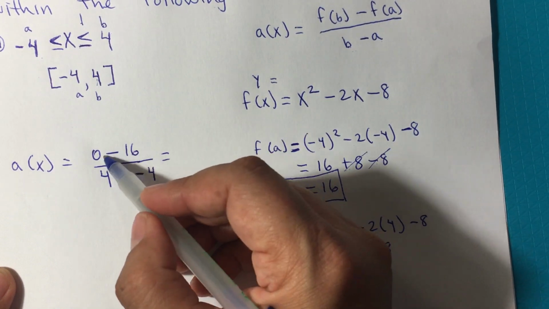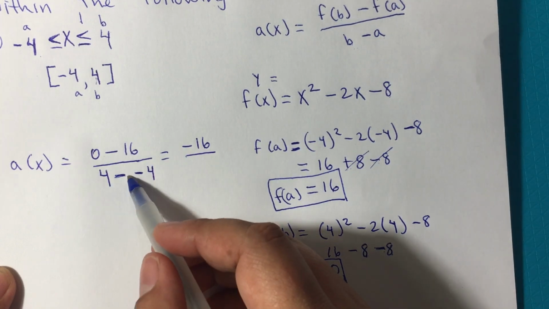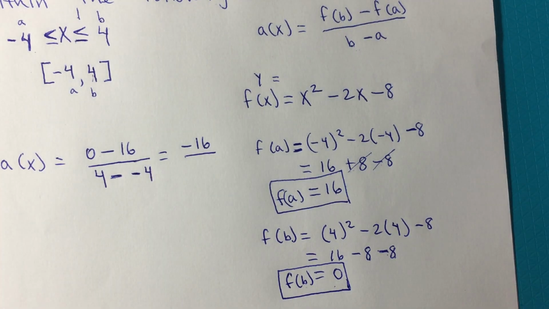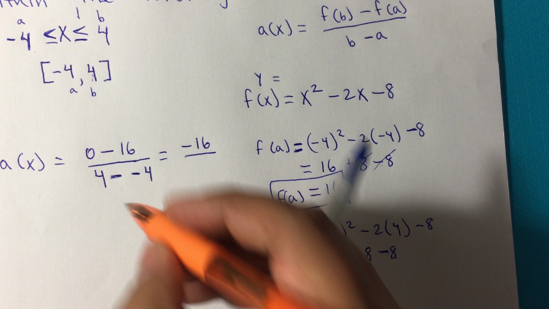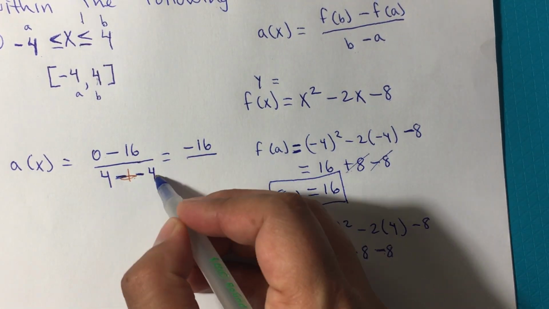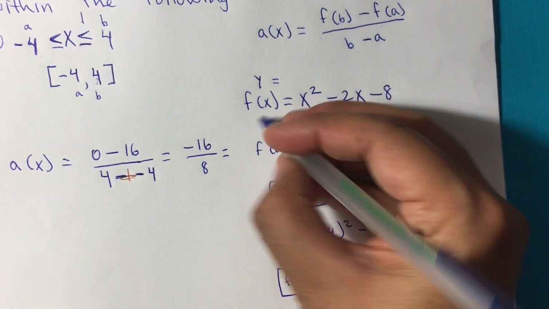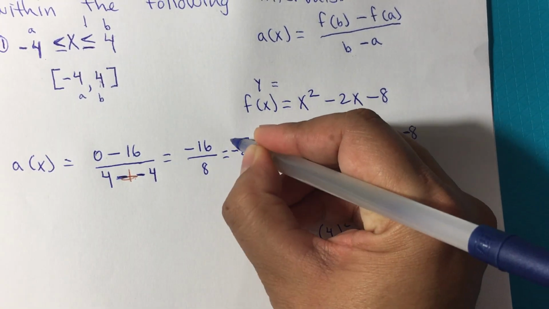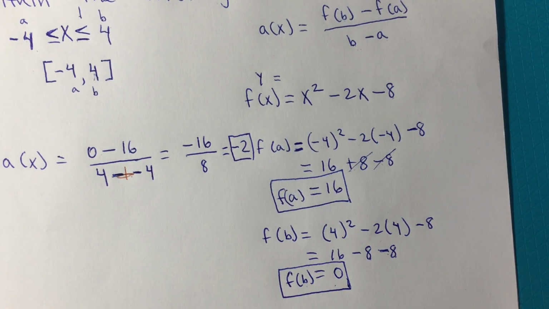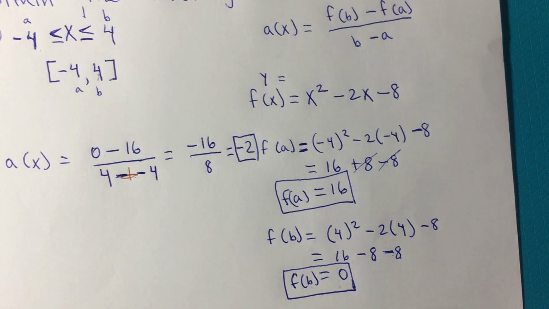In here, 0 minus 16 is negative 16. When we have two negatives together, we always say that we have the big plus, and so 4 plus 4 is 8. We divide that, and negative 16 divided by 8 is negative 2. So the average rate of change between these two points is negative 2.